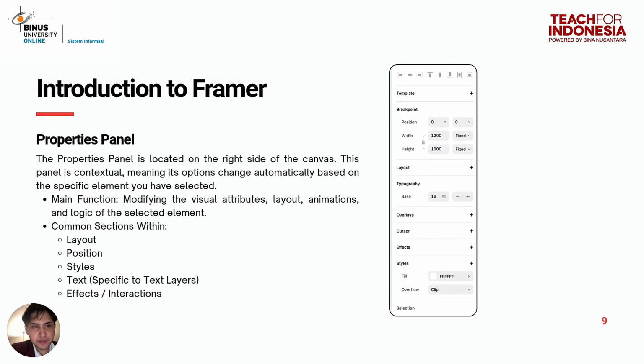Properties panel. The properties panel is located on the right side of the canvas. This panel is contextual, meaning its options change automatically based on the specific element you have selected. The main functions are modifying the visual attributes, layouts, animations, and logic of the selected element.